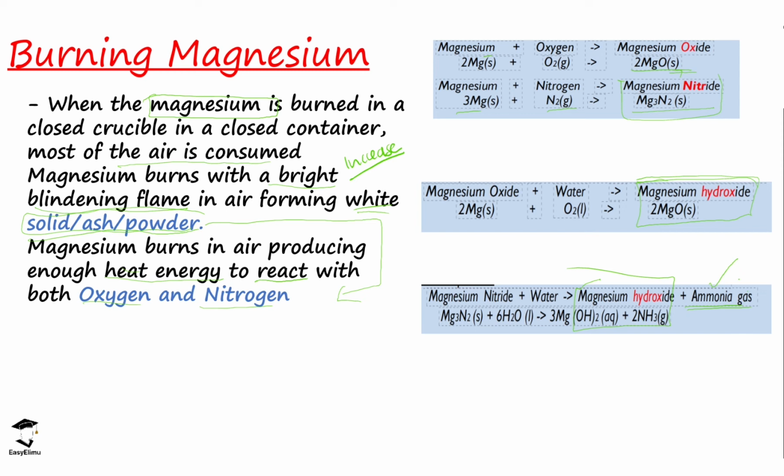The mass of magnesium that has not combined with any other element will not be equal to the mass of magnesium that has combined with both oxygen and nitrogen. So new products are being formed which have combined with oxygen and nitrogen. So the mass increases greatly.